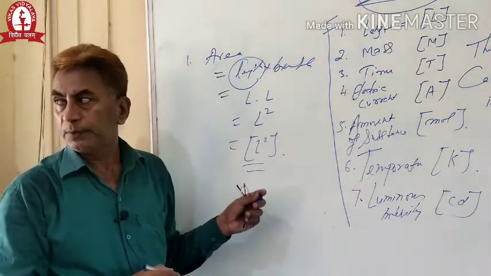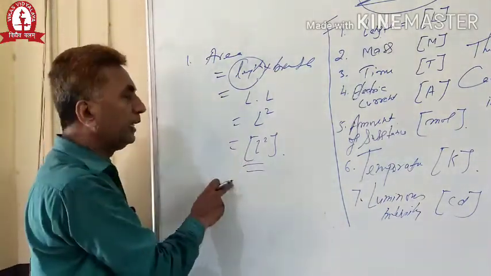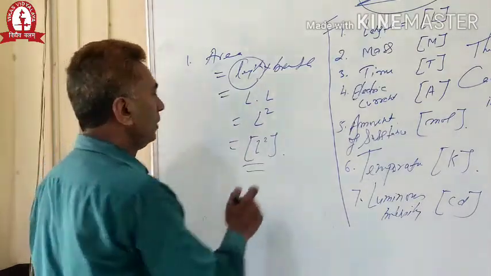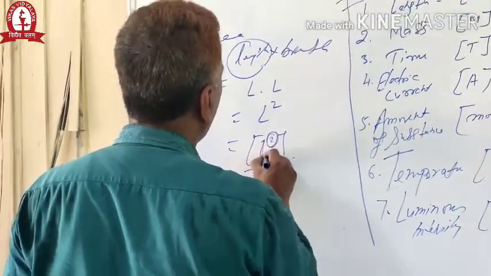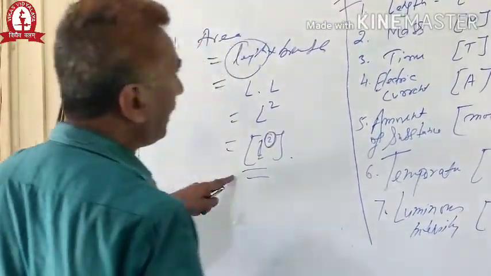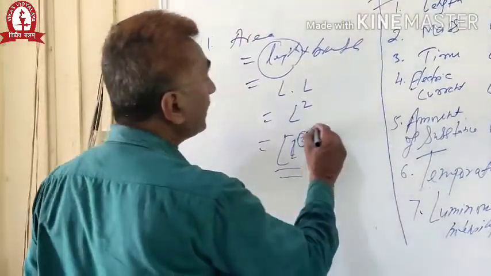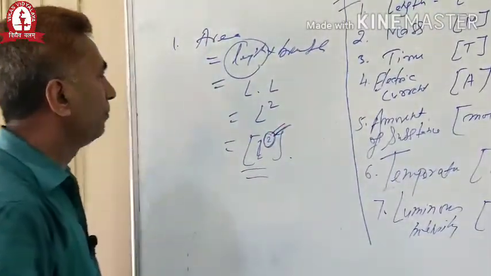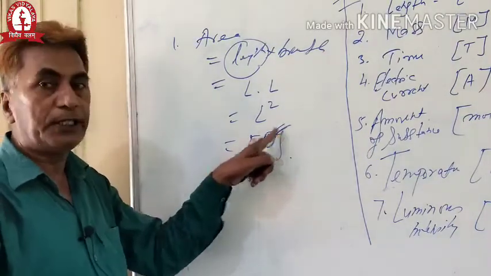How will I read it? The dimension of area in length is 2, because the area is expressed in terms of length, and the power will indicate the dimension.